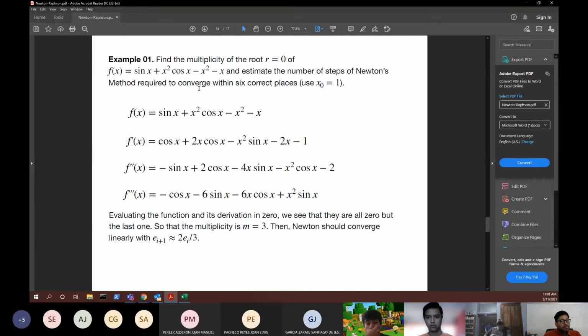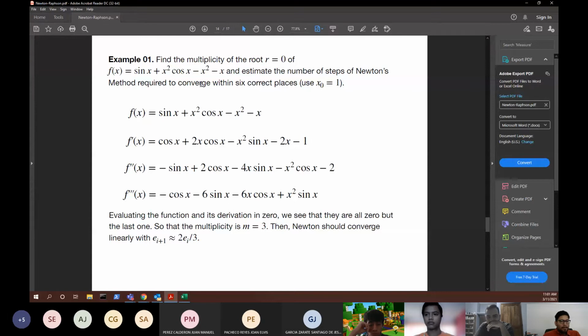Please use x0 equal to 1. Remember that when we're using trigonometric functions, we always want to use the calculator in radians. Okay, that's very important.